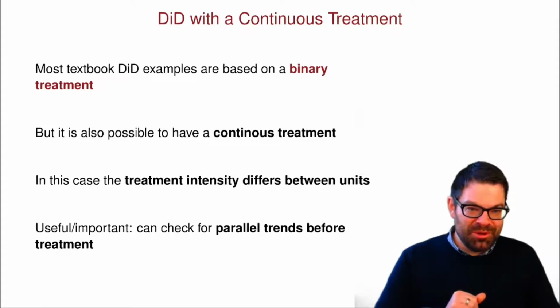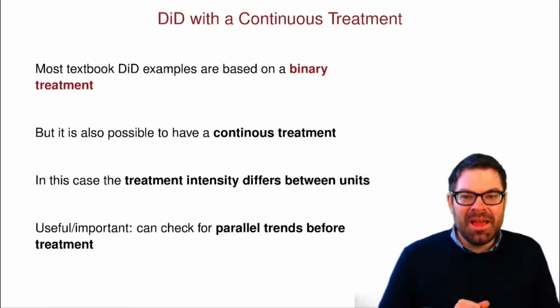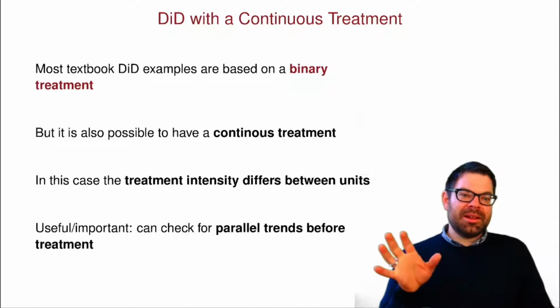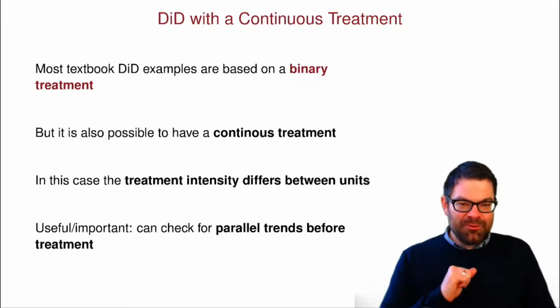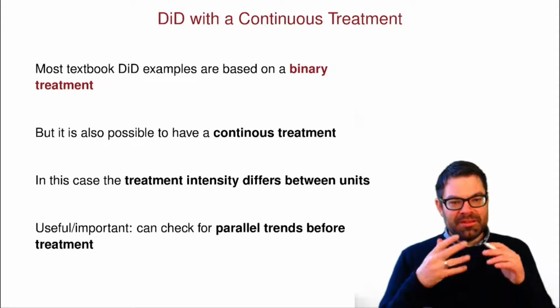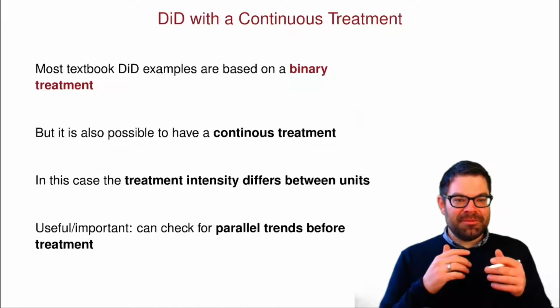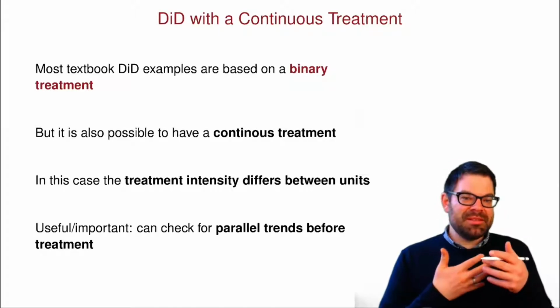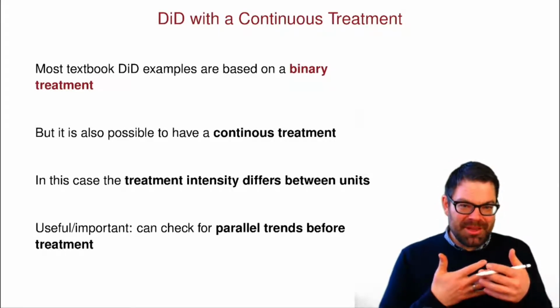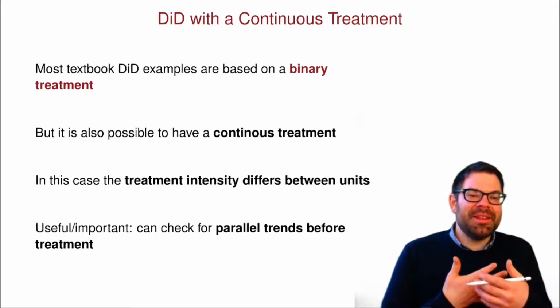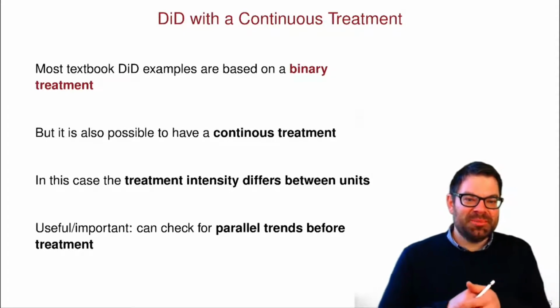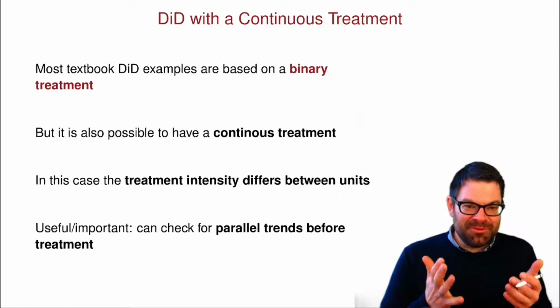But what we will look at in the remainder of this one is a case that I believe many of you will find very useful, which is typically we view diff and diffs as a quasi-natural experiment, or a method that exploits quasi-natural experiments that are binary of nature, right?